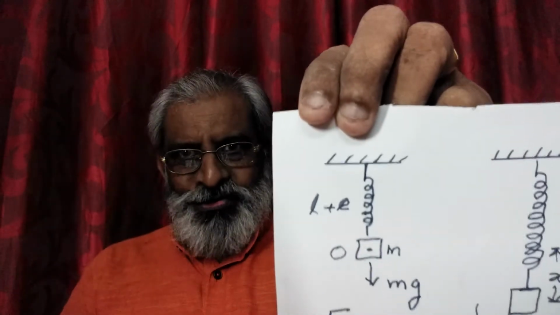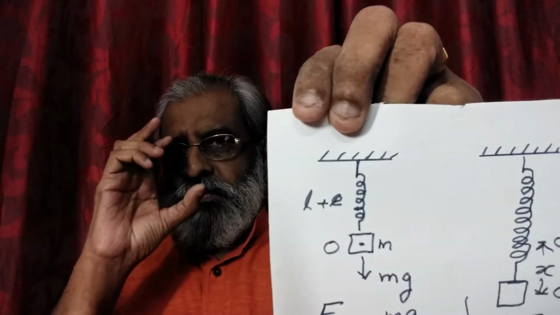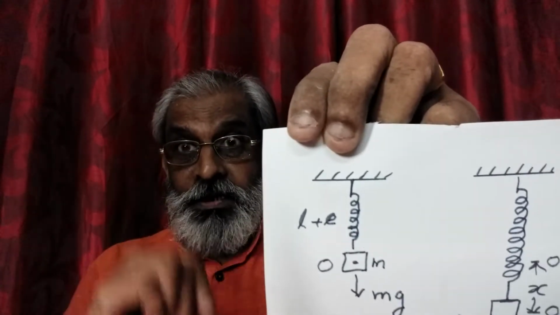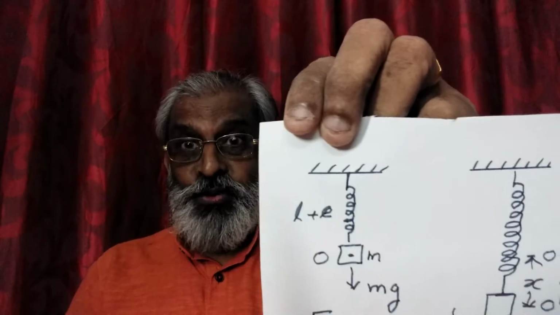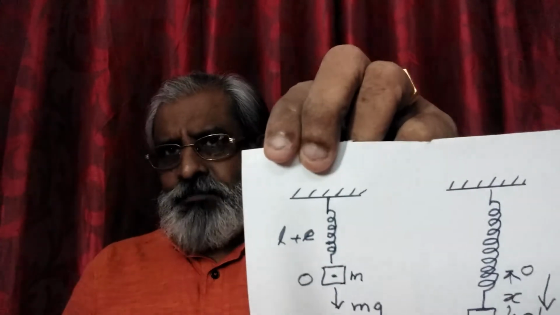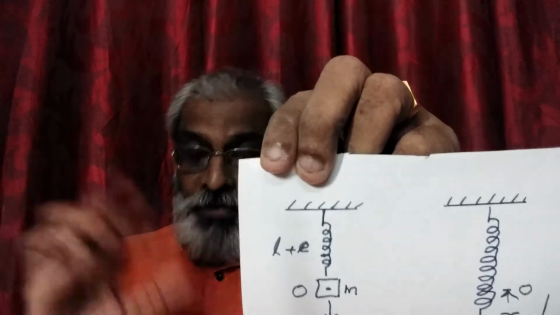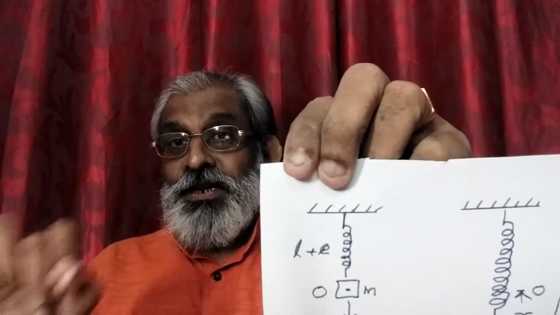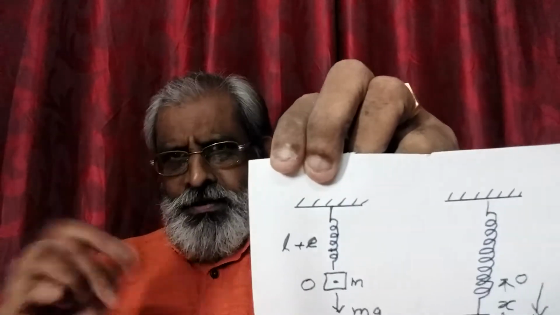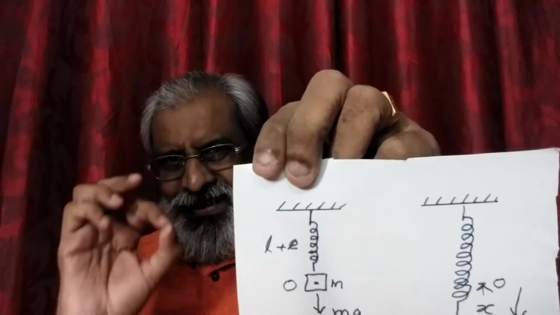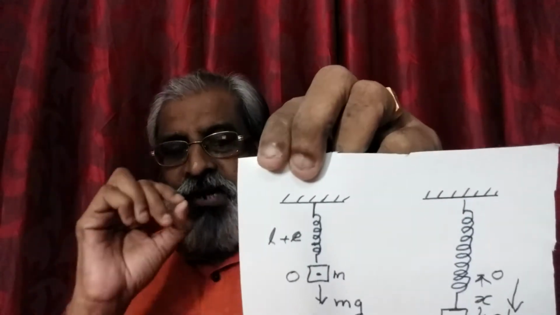As Hooke's law says, the restoring force inside the spring is equal in magnitude to the applied force. So Fr equals Fa, and Fr equals minus K into extension. Here the extension is e, so Fr equals Fa equals minus Ke.